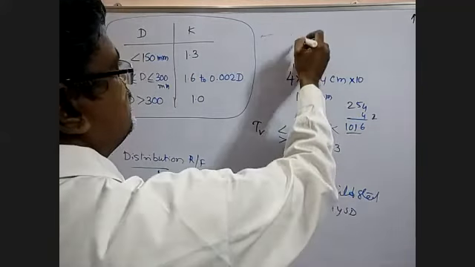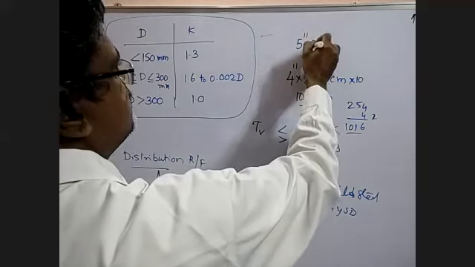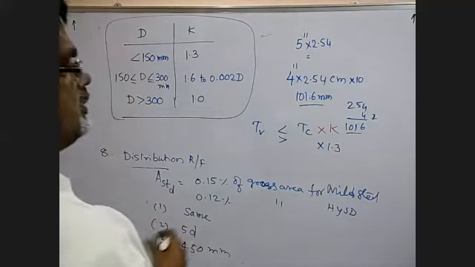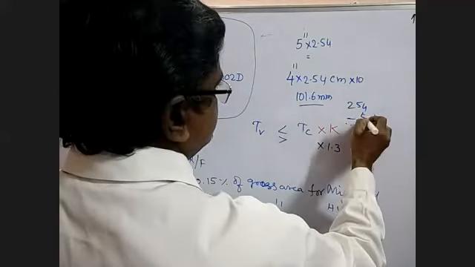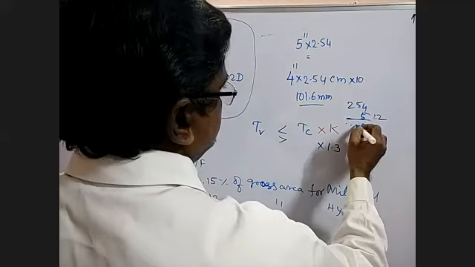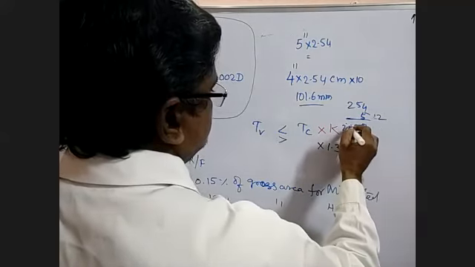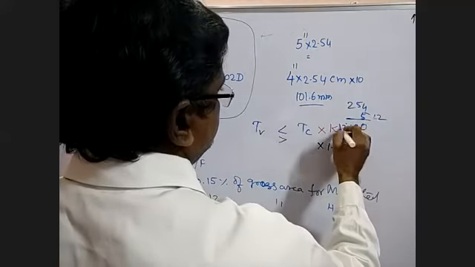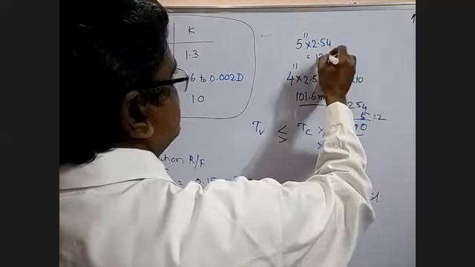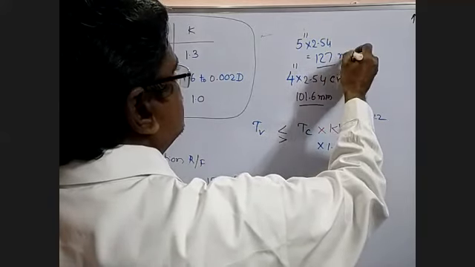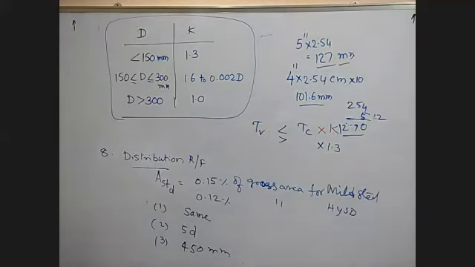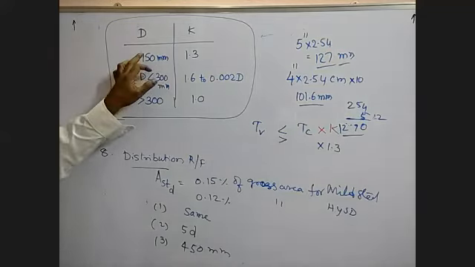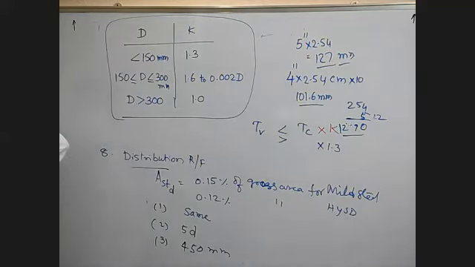Generally we provide 4 inches or 5 inches slab. Five inches gives 127 mm. So it is always less than 150 mm only. Normally we provide 5 inches thickness for this slab. We don't provide more than that.